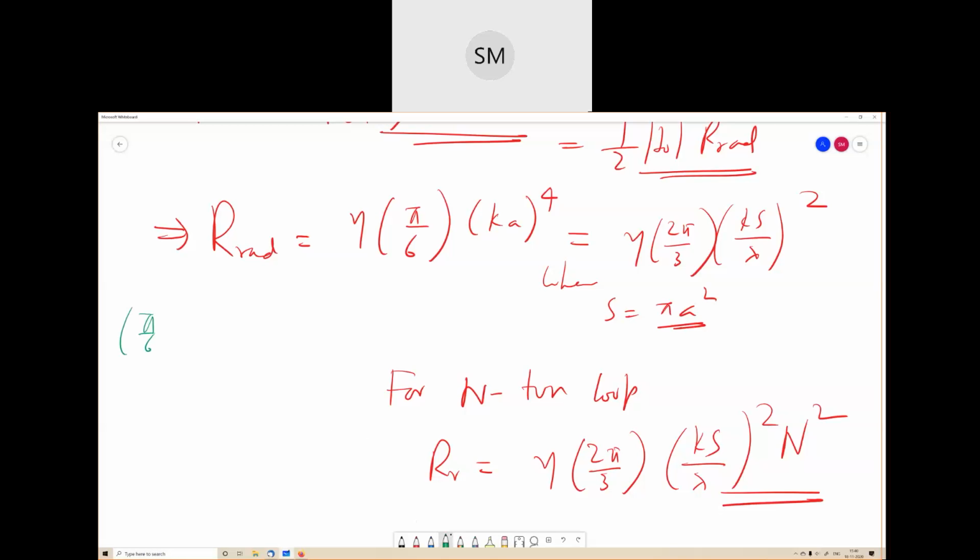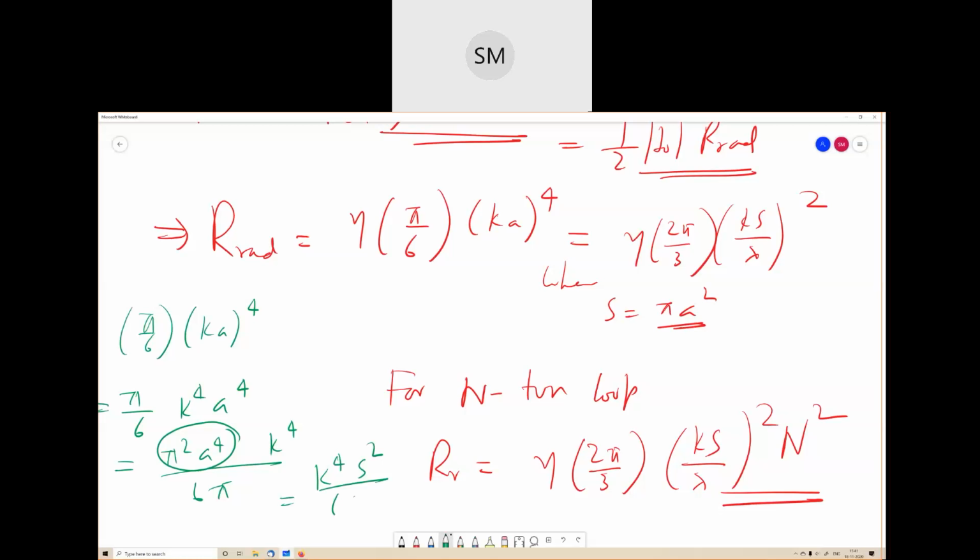Pi by 6 k to the power of 4, k to the power of 4. So that is pi square a to the power of 4, 6 pi a to the power of 4. This is equal to a square, so e to the power of 4, a square, 6 pi.